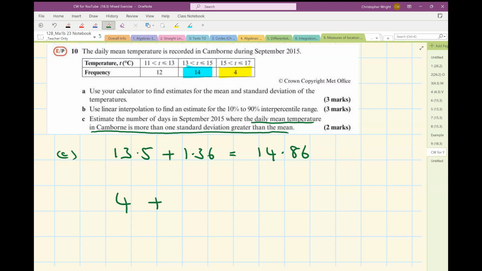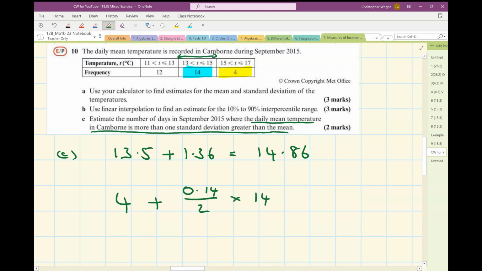Well, if we assume those 14 days are evenly spread between 13 and 15, we want the days that lie between 14.86 and 15. So what fraction of the days will that be? Well, assuming those 14 days are evenly spread, it'll be 0.14 out of 2 of those 14 days.